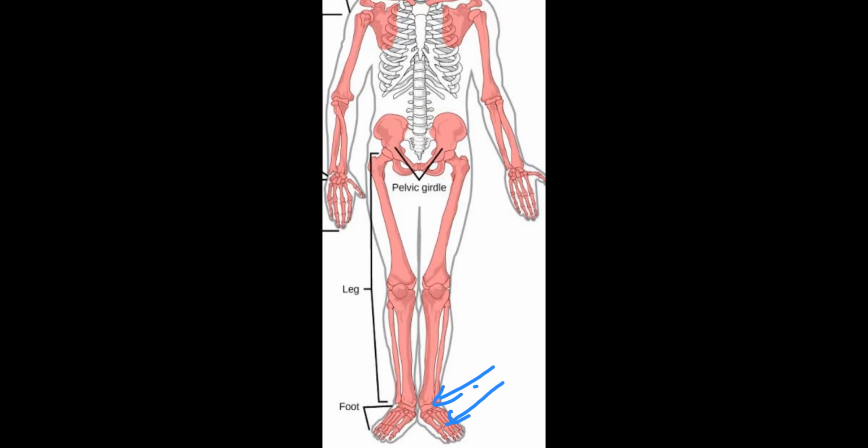The next region has metatarsals, 5 in number. And then the bones in your toes, the phalanges, 14 in number, with the breakup 2, 3, 3, 3, 3. It's a very simple thing, isn't it? It's easy.